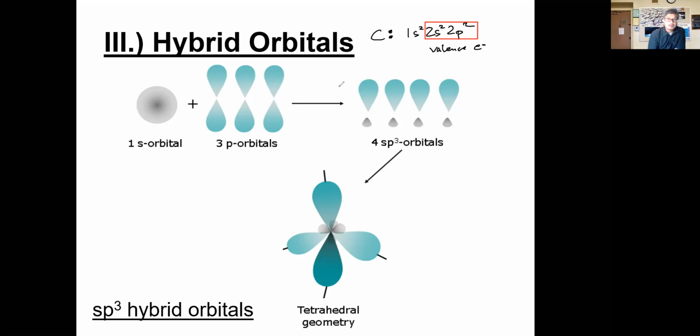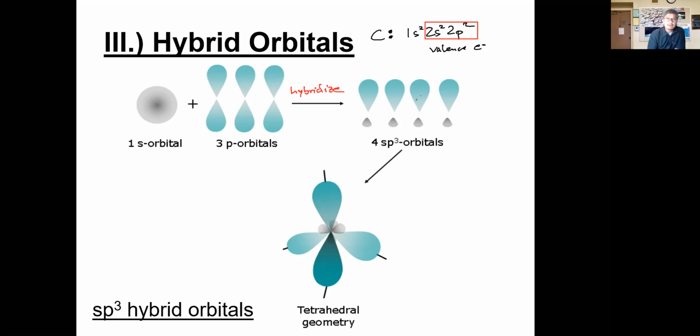This is the process of hybridization. When we hybridize them, we form new orbitals, and the new orbitals have a little bit of the p and a little bit of the s in them.